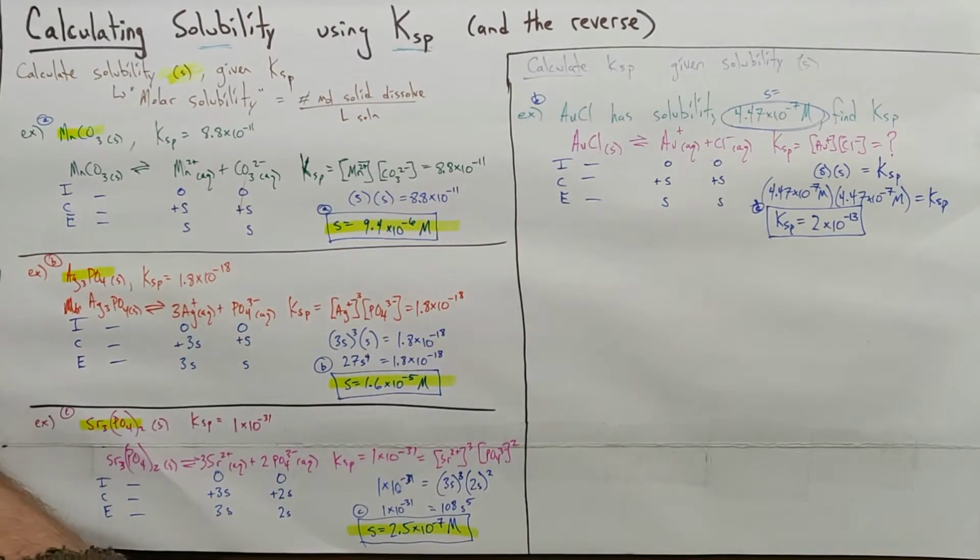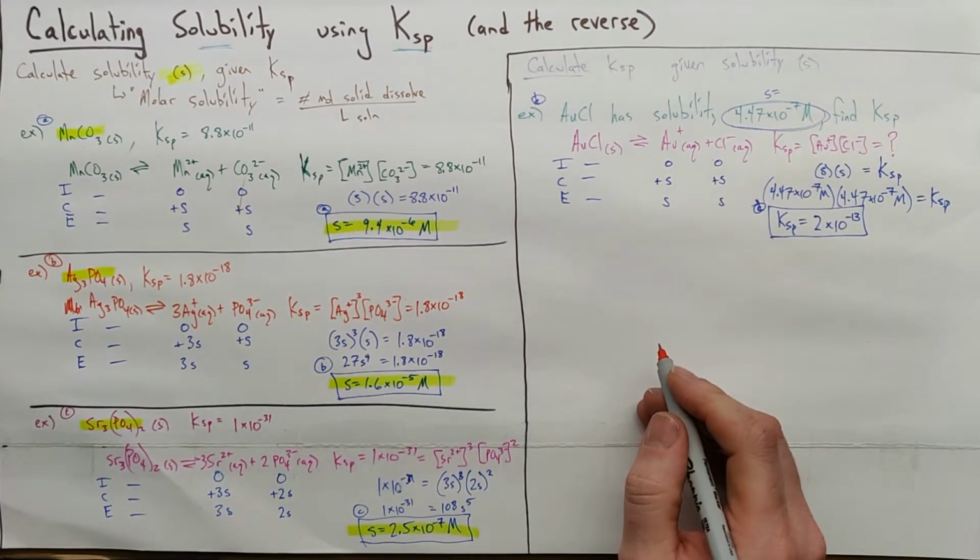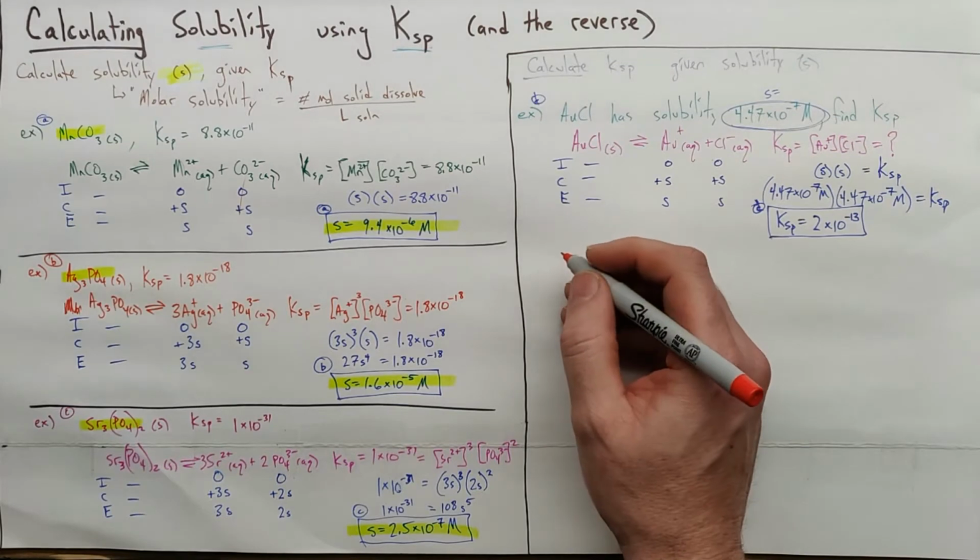Again, following the same line of reasoning, we'll just up the difficulty again just a bit and say we've got some different ratio of ions. Like maybe we'll go magnesium fluoride.